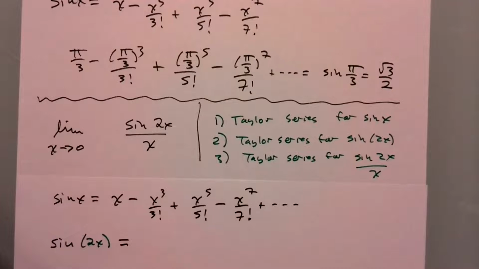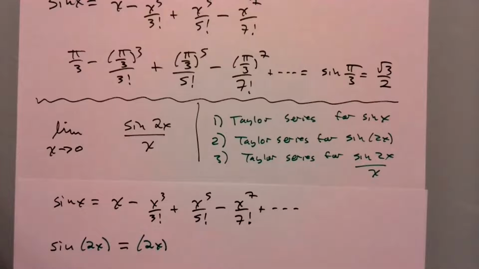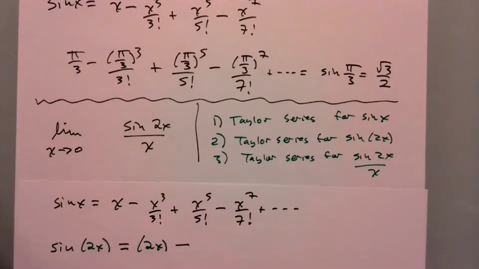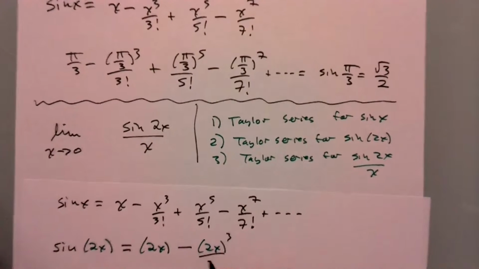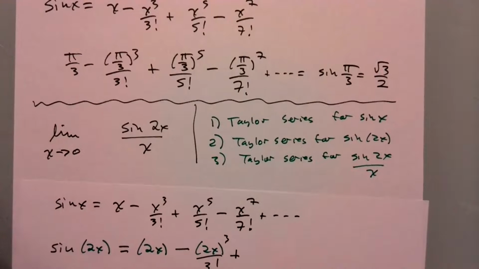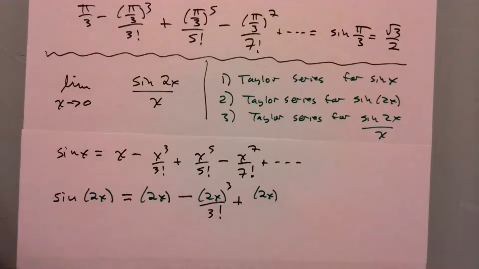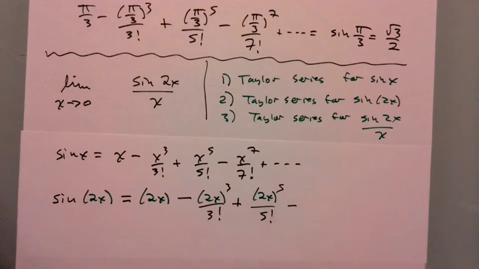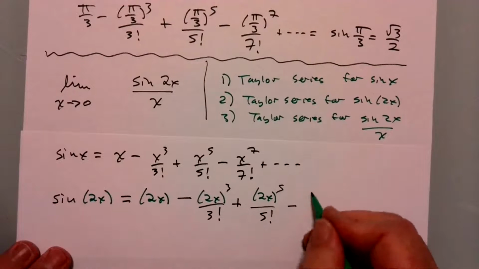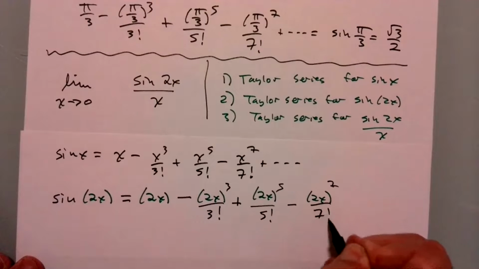So sine of 2x is 2x minus 2x cubed over 3 factorial, plus 2x to the 5th over 5 factorial, minus 2x to the 7th over 7 factorial. And this goes on forever.